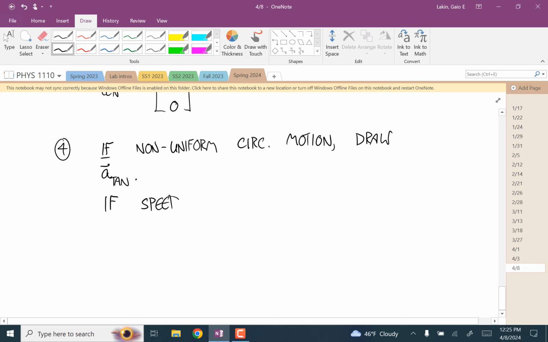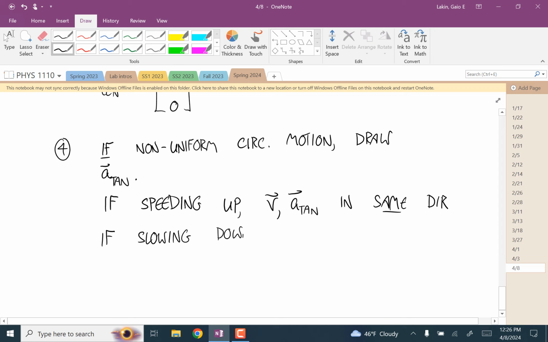If this object is speeding up, then velocity and the tangential acceleration are in the same direction. And if it's slowing down, the velocity and the tangential acceleration are in opposite directions.